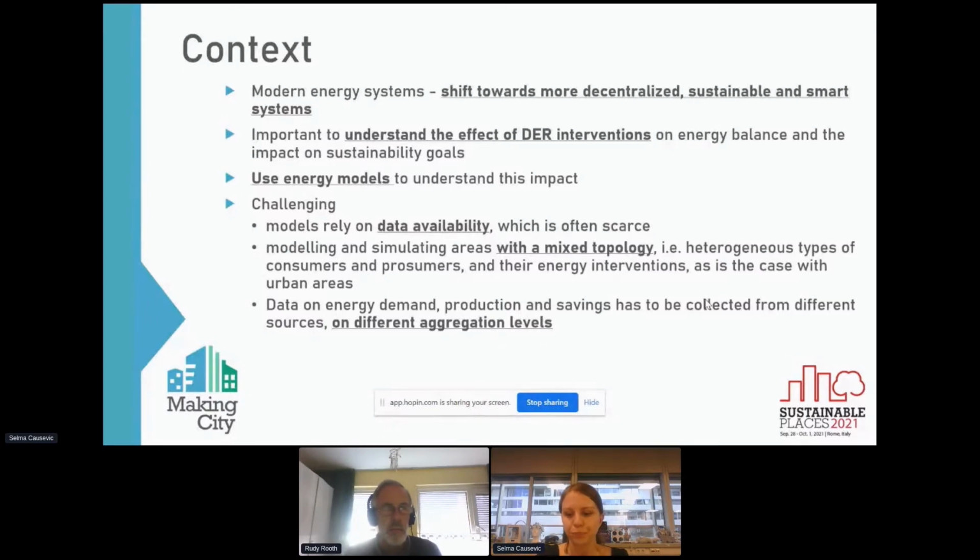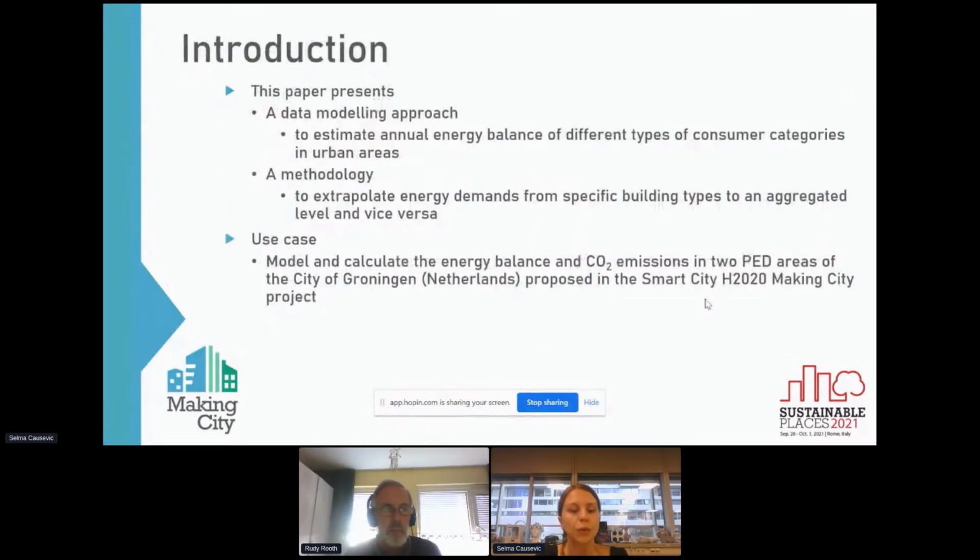So the work we did for this paper presents a data-driven or data modeling approach to address this, where we tried to combine data from different aggregation levels and different sources in order to model individual buildings and individual interventions in the buildings in a district area.